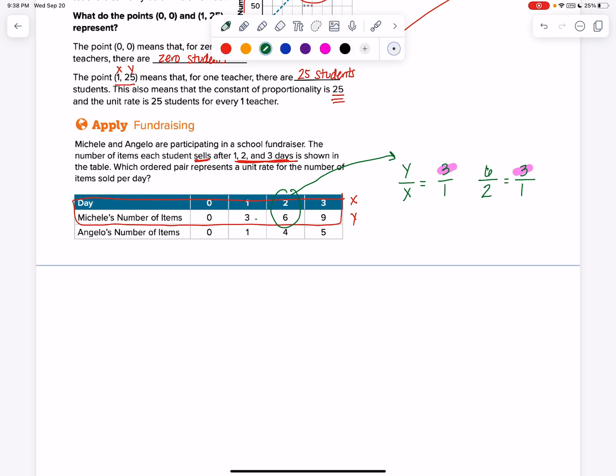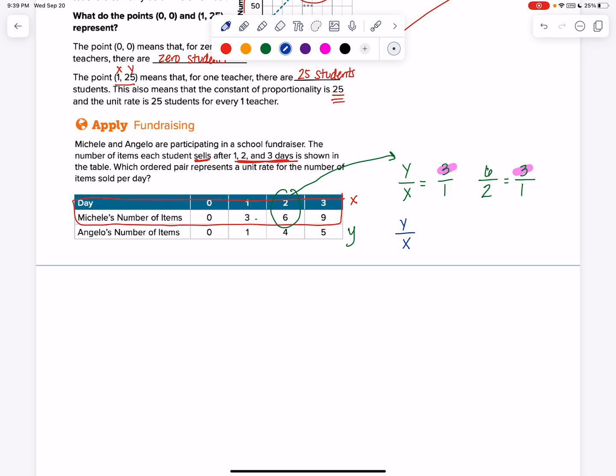So now let's go ahead and test Angelo. I'm going to get rid of my y here because my new y is looking at Angelo's information. So let's do the same thing, y over x, and do that division. So number of items per day.